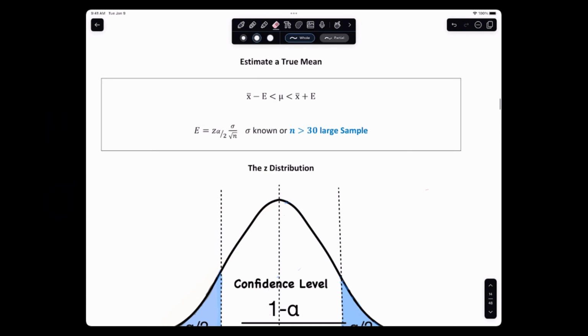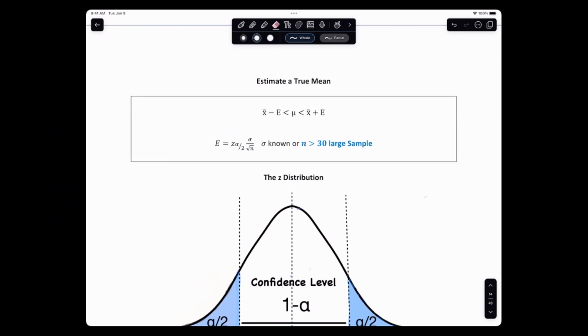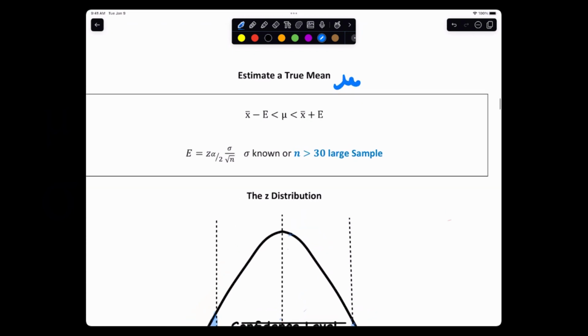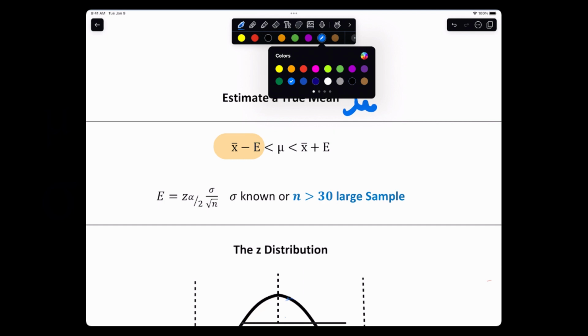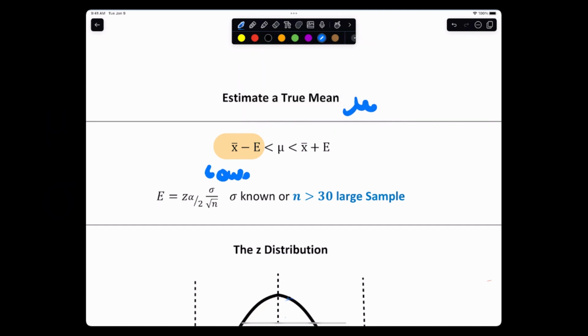Here's what we're going to do. Estimate a true mean here, okay? So it's also the population mean, mu. Now, it's going to be what's called an interval estimate or confidence level estimate. So notice this. This is what you guys want to see here, okay? To the left, you have what we call a lower value estimate. That's a lower value.